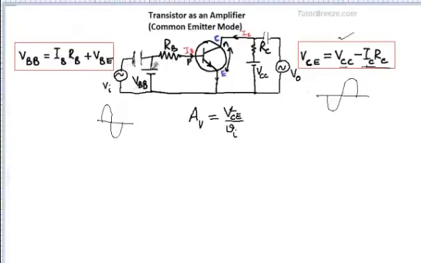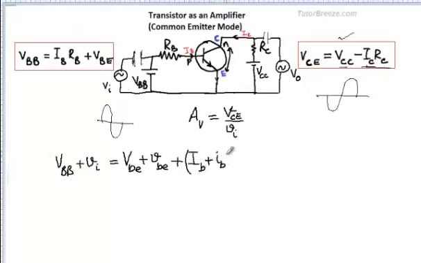Now on the input side, when the AC signal is present, we can write the voltage as VBB plus vi, which is the AC component, equal to VBE plus vbe, the variation in the base voltage when we apply the AC signal, plus IB plus ib times RB. So if you compare it with this expression, you can see that now we have a varying component of the current due to the AC input signal.